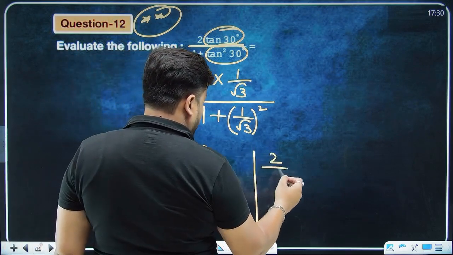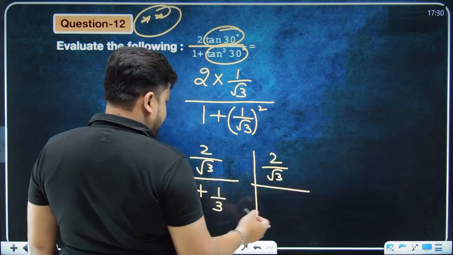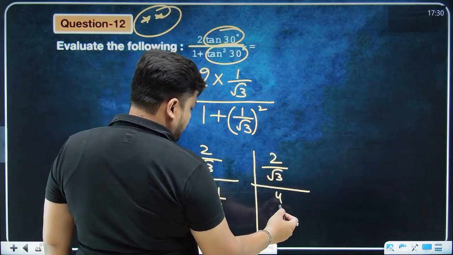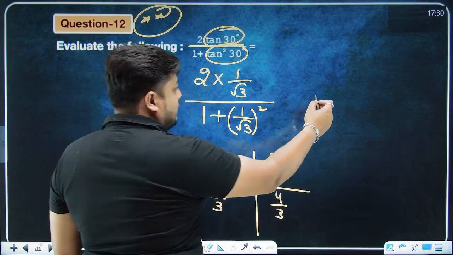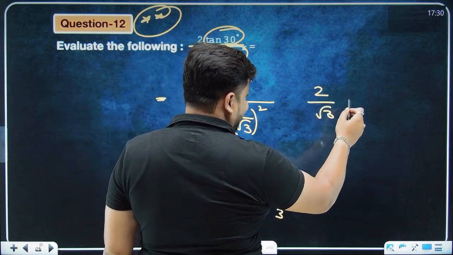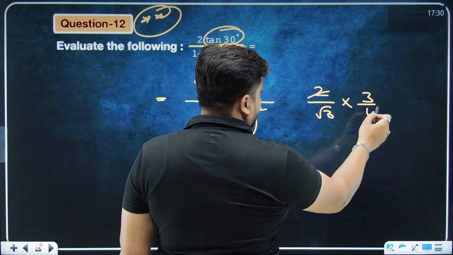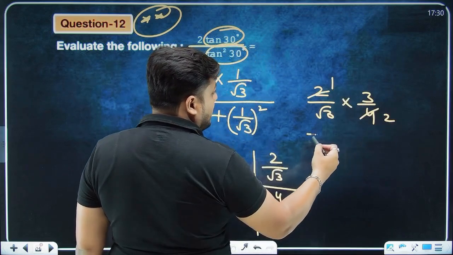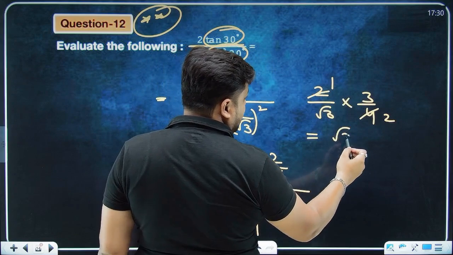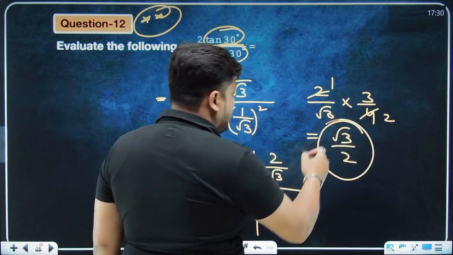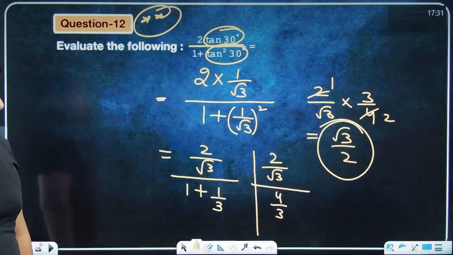So it will be 2 upon root 3 upon, this becomes 3 plus 1, that is 4 upon 3. Okay, so it will be 2 upon root 3 into 3 upon 4. So it will cut 1 by 2 here. Rationalizing, it will be root 3 by 2 is the final answer of this question also.